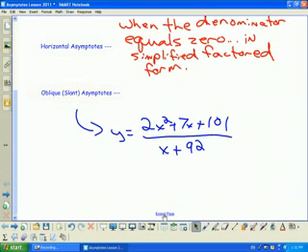Yes? A rational function is a function that looks like a fraction, where you've got variables in the numerator and the denominator. That's what a rational function is. Sorry, you don't have to have a variable in the numerator. You know what, Alex?